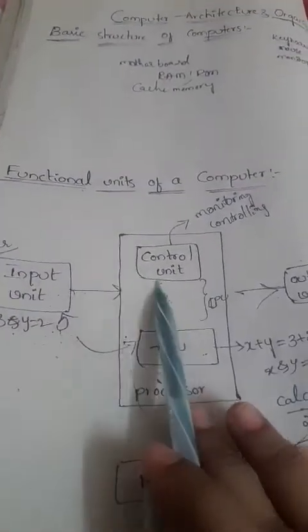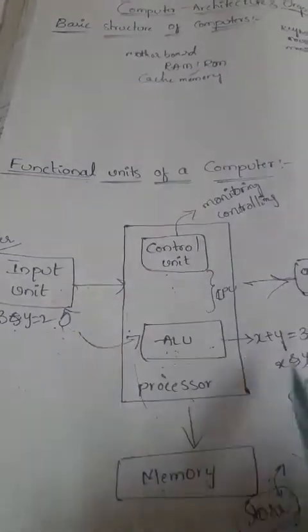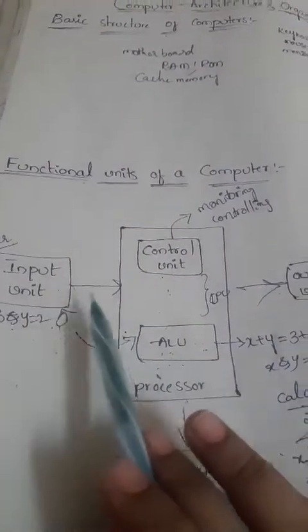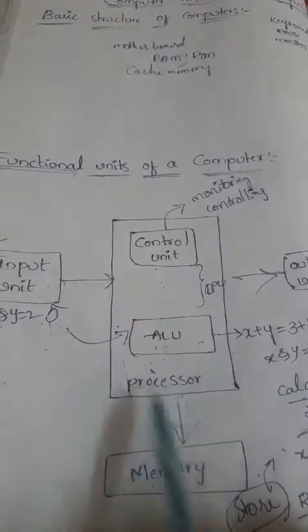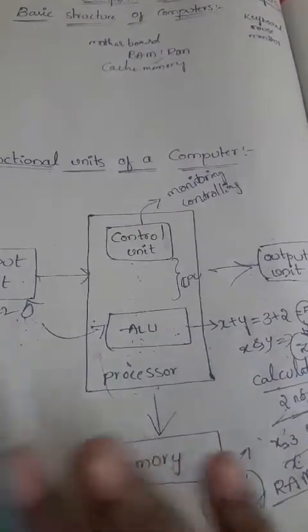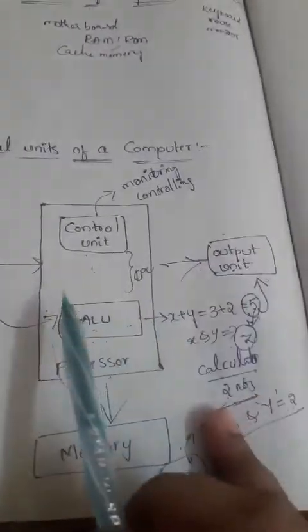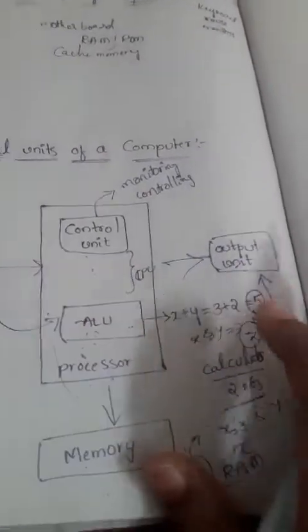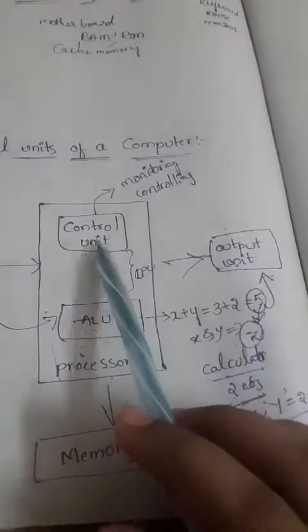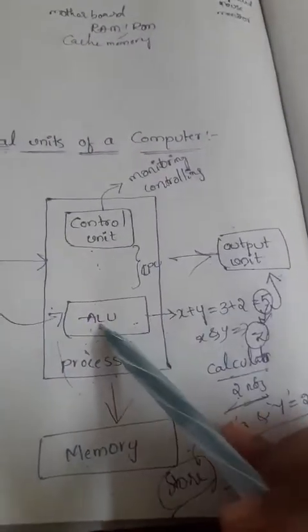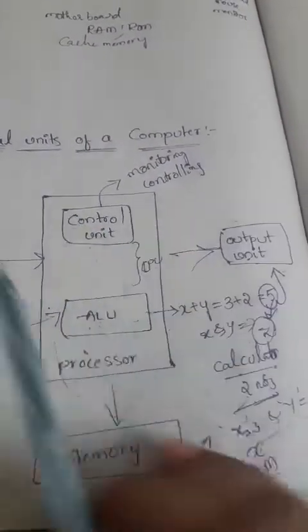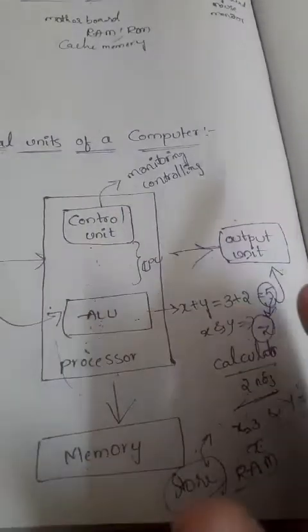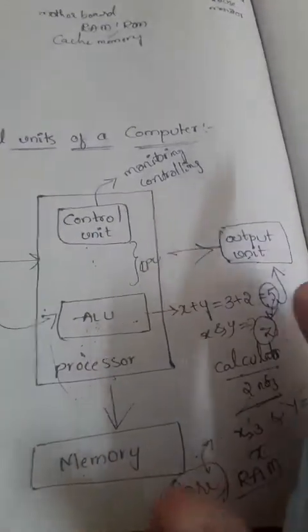That next level is the processor. The input unit will take the information and give it to the processor block. Once the information reaches the processor block, the processor has two functional units internally: one is the control unit and another is the ALU. The control unit won't do any calculations, it just controls all the activities.